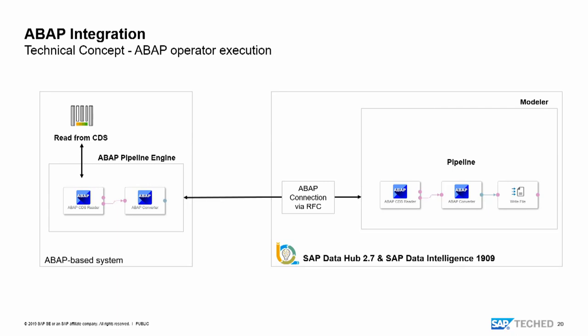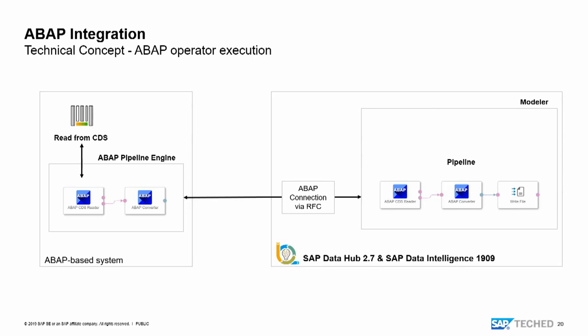While from a Data Hub perspective, all the monitoring is there, and you suspend, you resume, you start, you stop the graph. The data which is in that example being fetched from the CDS view is in that case transferred back to Data Hub and handed over to other operators. In that example, and we will have a demo on exactly that in a minute, it is being written into an S3 bucket on Amazon S3.